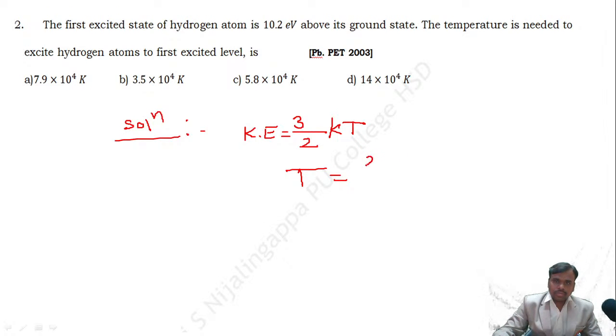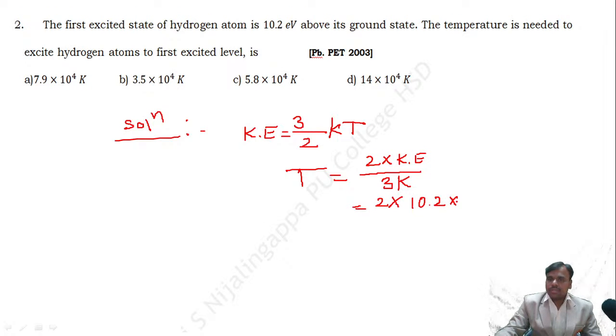Here 2 into kinetic energy means the energy of the electron in the first excited state, that is given as 10.2 electron volt, but electron volt is not an SI unit, therefore electron volt is converted into joule. So 1 electron volt is multiplied by 1.6 into 10 to the power of minus 19.